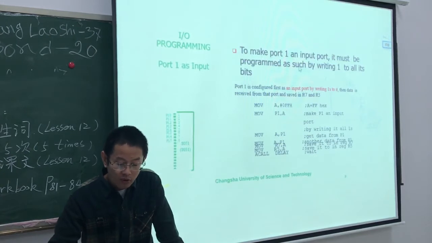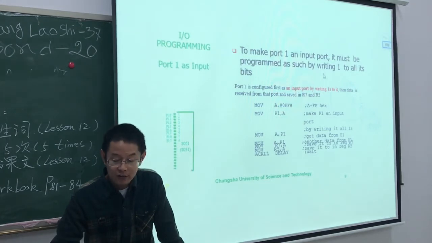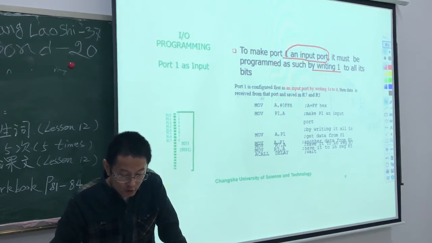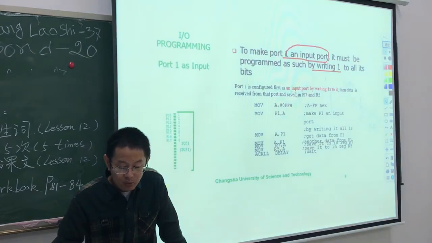To make port 1 an input port, it must be programmed as such by writing 1 to all its bits. Port 1 is configured as an input port by writing 1 to each bit.